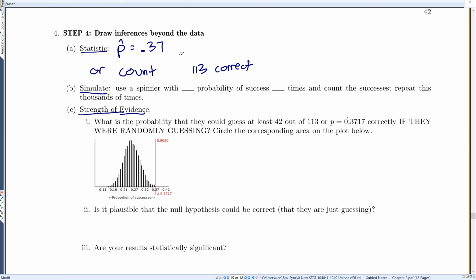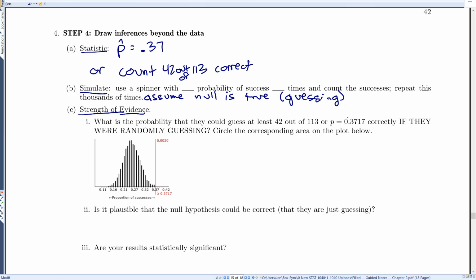I shouldn't use the symbol, you might think it's a fraction. 42 out of 113 correct. So to simulate, we could use a spinner with what probability of success? Well, remember, we're assuming the null is true. So we assume the null is true, but we're just guessing.